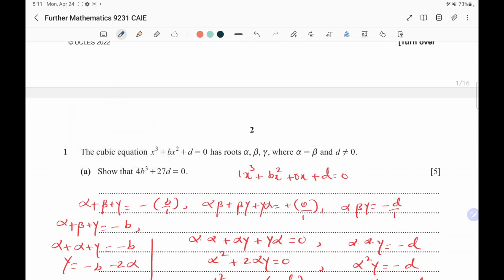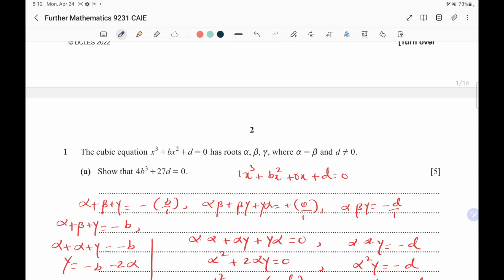Question 1 says this cubic equation x cubed plus bx squared plus d equals 0 has roots alpha, beta and gamma, where alpha equals beta and d does not equal 0.